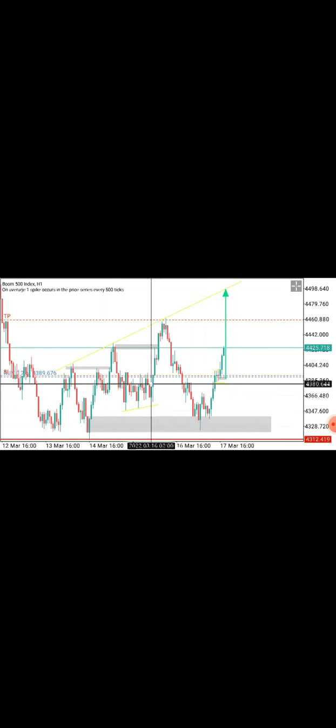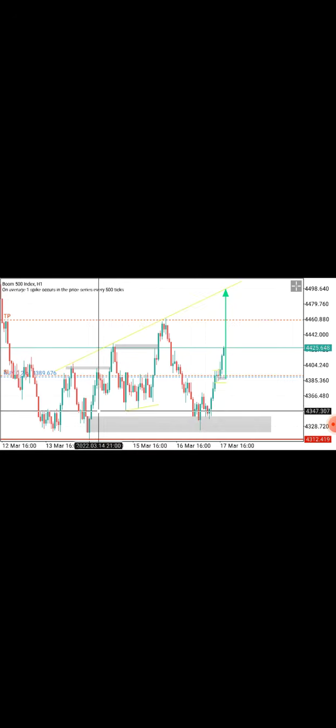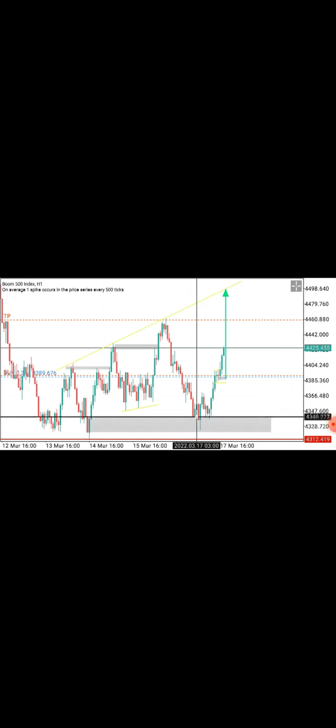So as the people bought, the market will come to the downside and take out the stop losses that are around here, guys, because people bought here. So that shows there's liquidity there. The market came down and took them out.